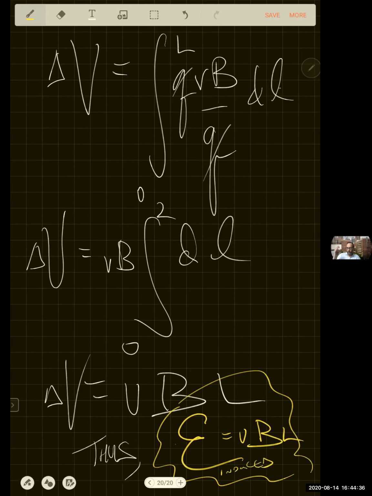The induced EMF, the induced voltage, the equivalent battery that you create by not having a battery at all, but by just having a loop of wire that just has dead charges in it.